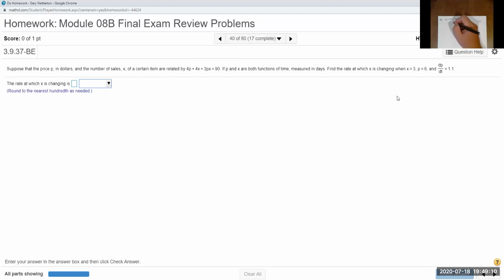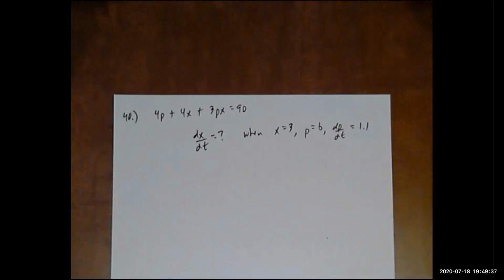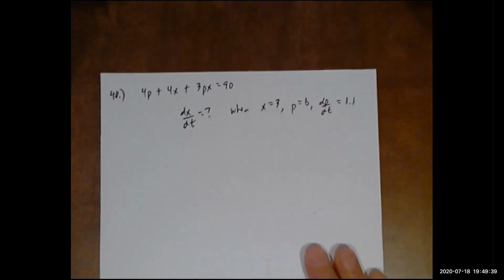So we want to know the rate at which x is changing. dx/dt equals what? When x is 3, p is 6, and dp/dt is 1.1. Don't think it's going to be too difficult.